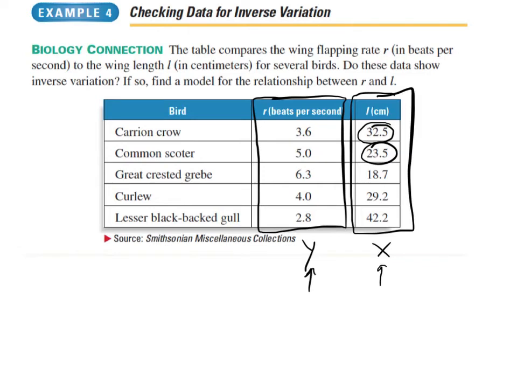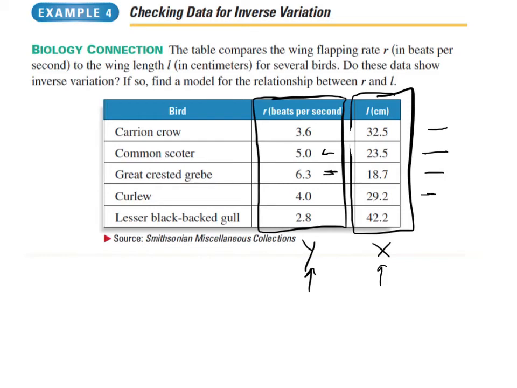Okay, so then we want to look. We've got 32.5 centimeters starting here, and we're getting 3.6. Then the wing gets a little shorter, and the beats get a little larger. Shorter wing still, faster beats.